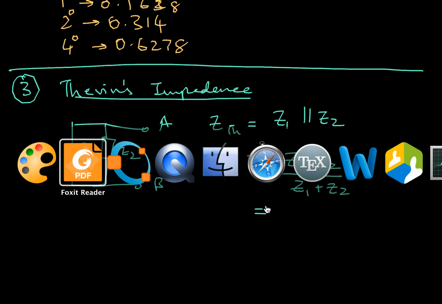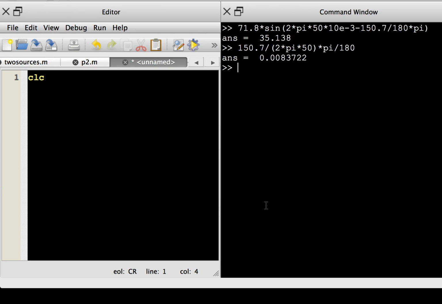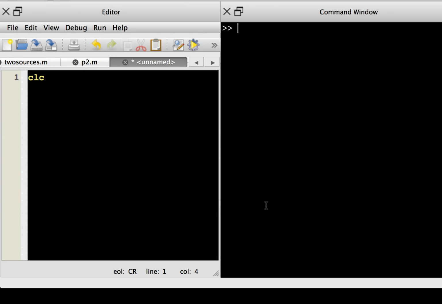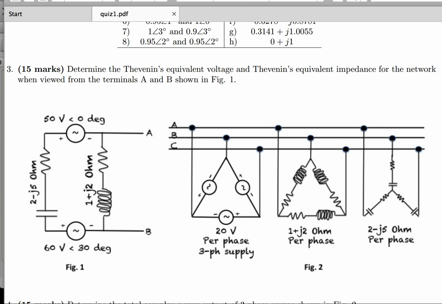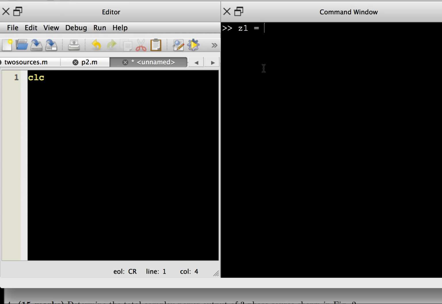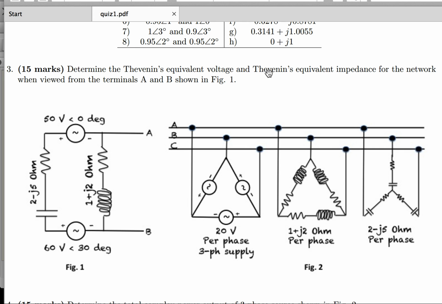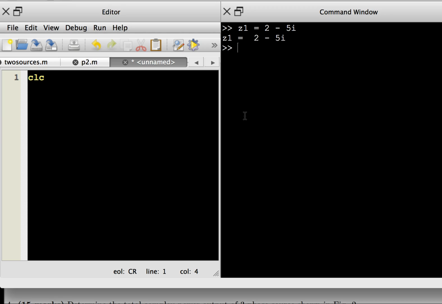So let's go to my calculator. I define Z1 equal to 2 minus J5 and Z2 is 1 plus J2.